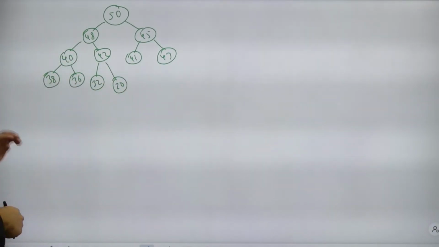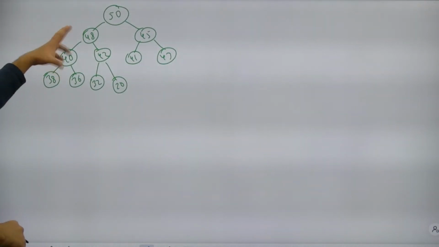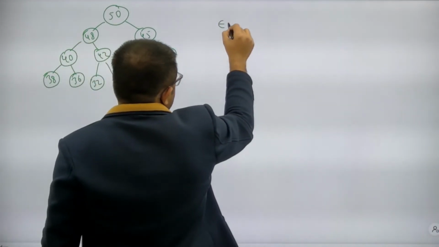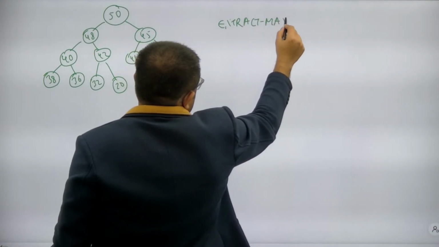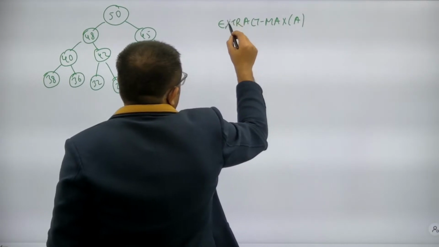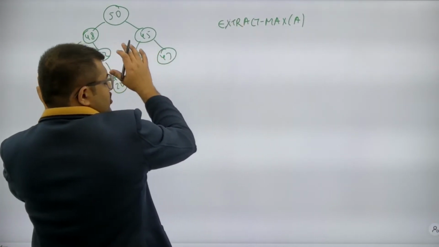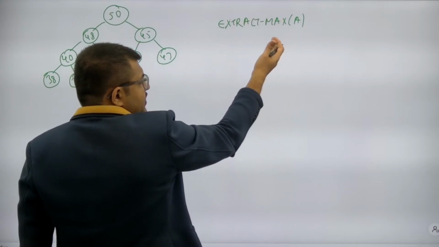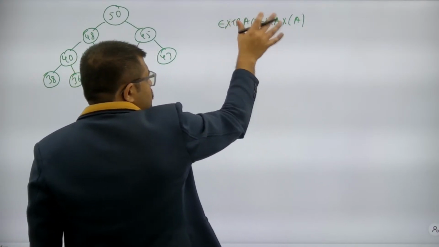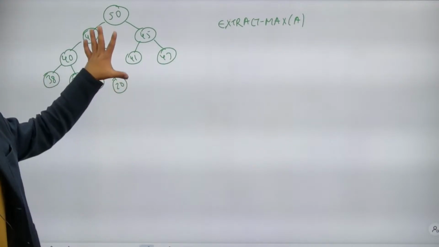Okay, now let's say I want to extract max A. So I want to get the max value of the priority queue, and after getting that value, it is also to be deleted, and after deleting it the properties of the max heap must be maintained.